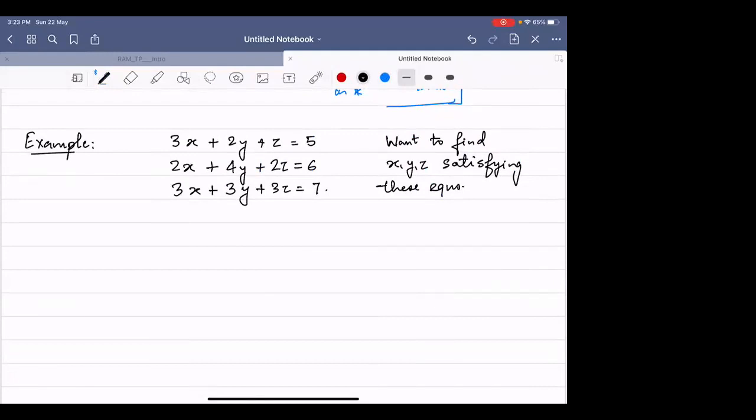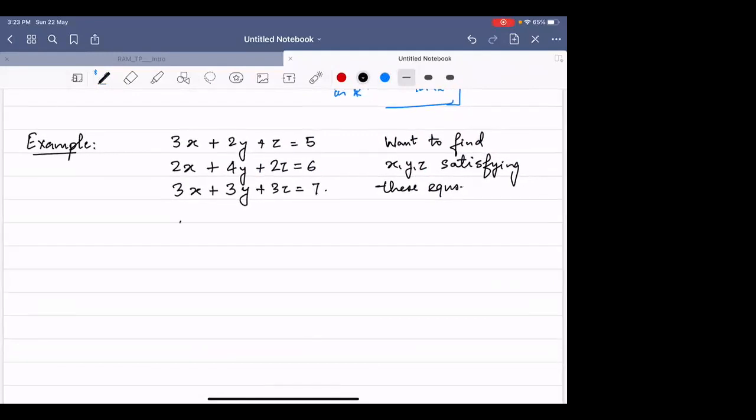Now, in this column notation that we have seen, we will write this matrix. Let's write the first column, which has the coefficients of x. So the first column is 3, 2, 3. The second column is 2, 4, 3. The third column is 1, 2, 3.